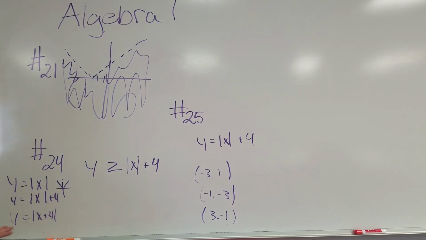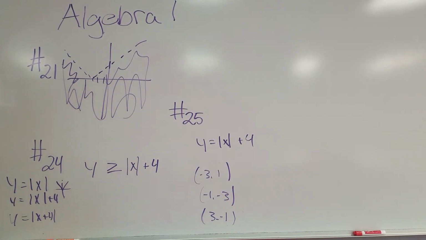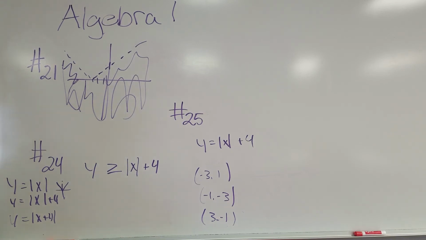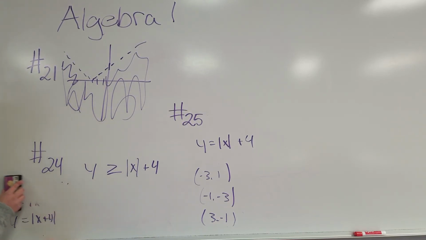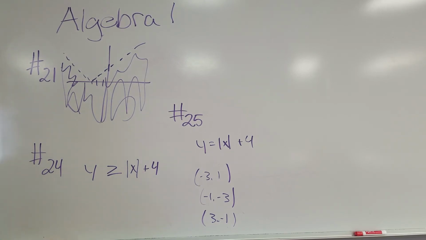And it's actually backwards, so plus would move it to the left, and a minus would move it to the right because it's inside absolute value. So that's what we're dealing with here, but with inequalities. Also with inequalities, if it says greater than, then inside of the V is going to be shaded, and if it's less than, everything outside of the V is going to be shaded.